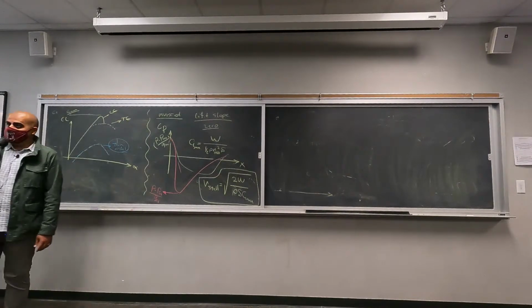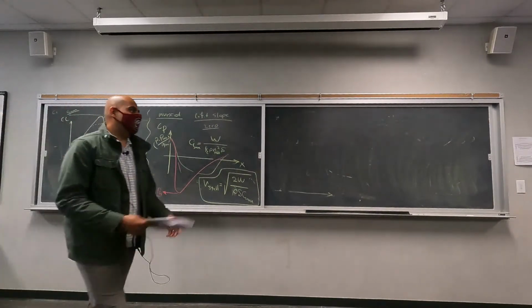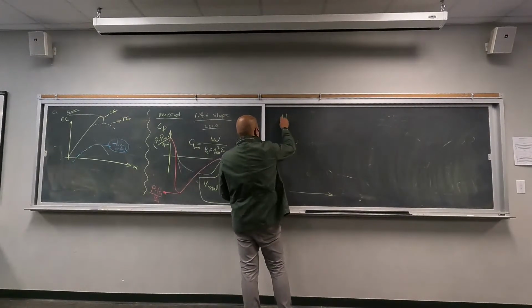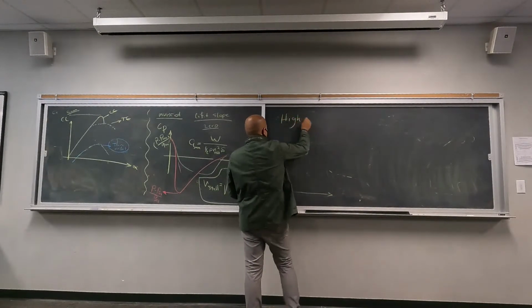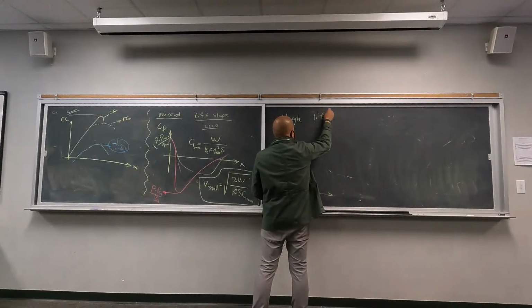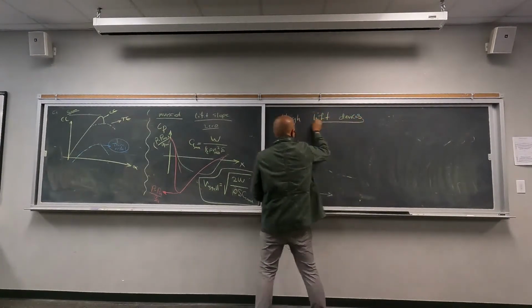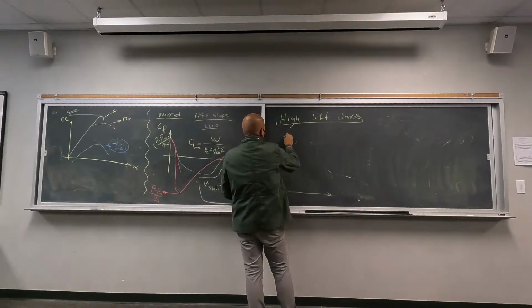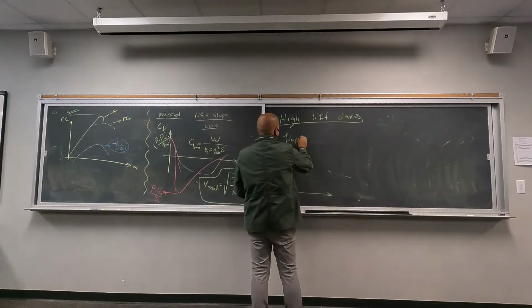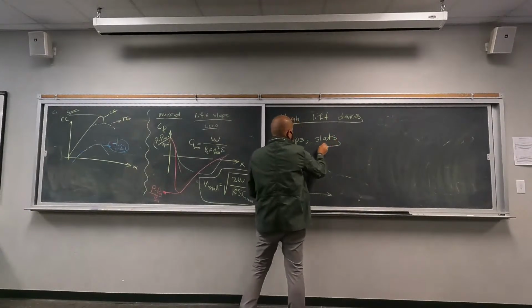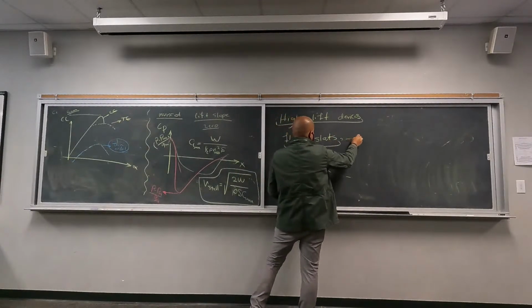Flaps and slats, right? Introducing flaps and slats, right? So flaps and slats are called the high lift devices. Flaps and slats, and there are a couple of more mechanisms.